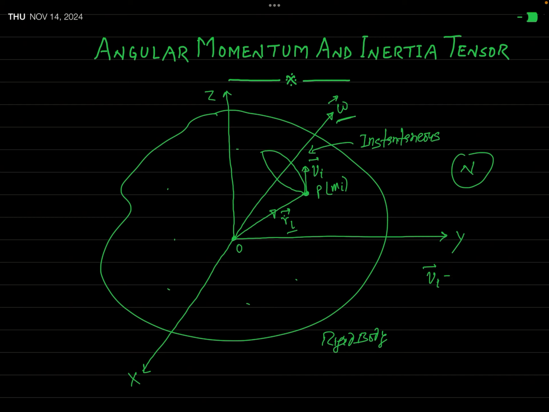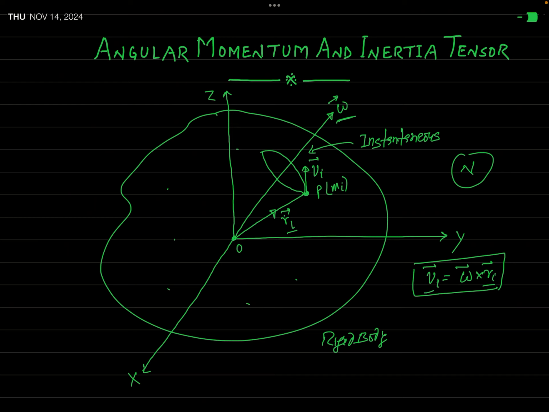Vi is simply equal to the vector product of omega and the position vector Ri. So Vi is given as omega cross Ri. And you can see, since for different particles this Ri is different, therefore this linear velocity is also different.